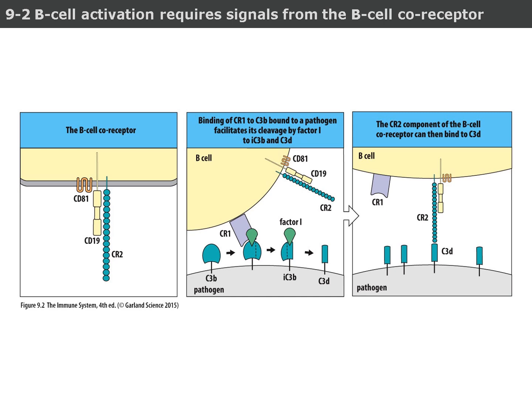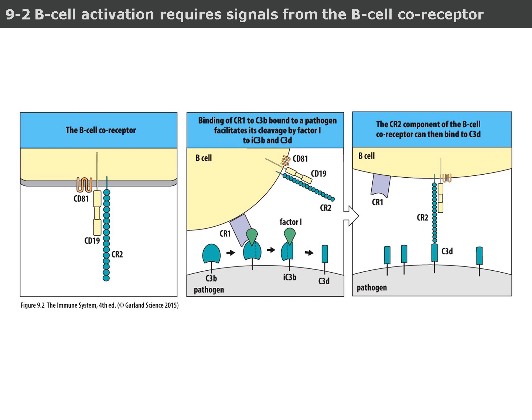When a pathogen is opsonized with C3b, a complement protein, CR1 on the B cell surface binds to C3b. This binding recruits factor I, which cleaves C3b into iC3b and then into C3d. Once this happens, the CR2 component of the B cell co-receptor binds to C3d on the pathogen surface.